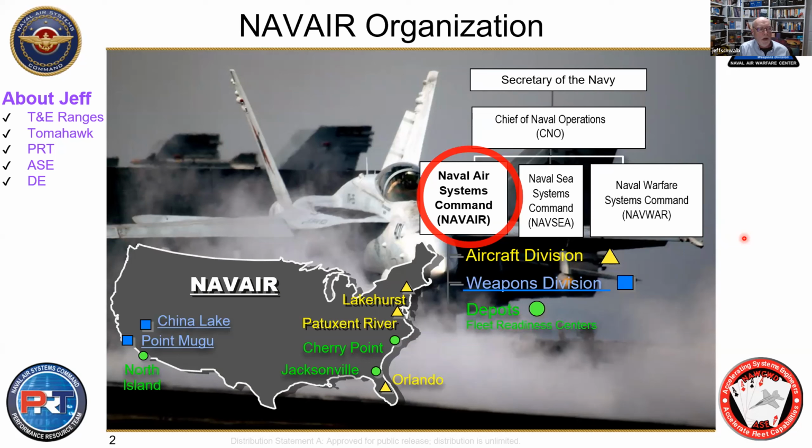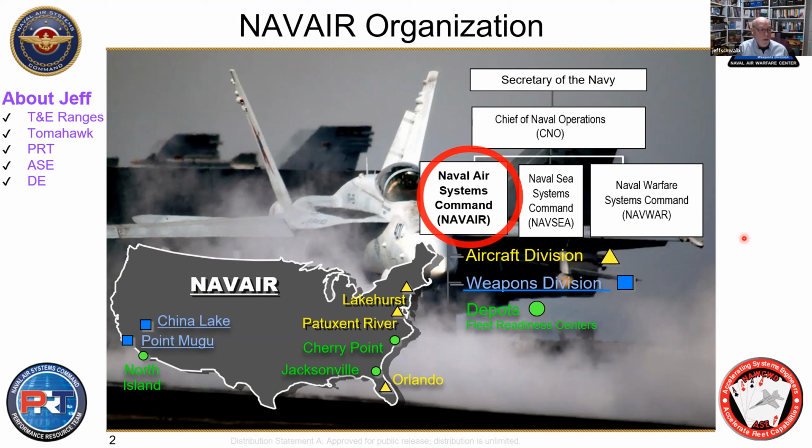I started off working in our instrumentation ranges, on the left side of the screen there. I worked on the Tomahawk program for some time, and then formed what we call the Performance Resource Team. That's essentially the name of an organization that we've had across the NavAir organization for over 20 years. And so it's successful in terms of just existing, but also working with teams all across the NavAir organization.